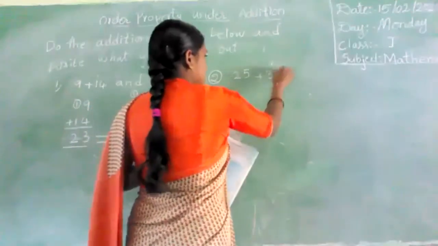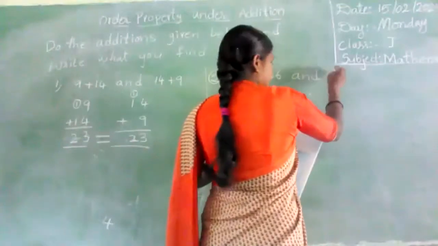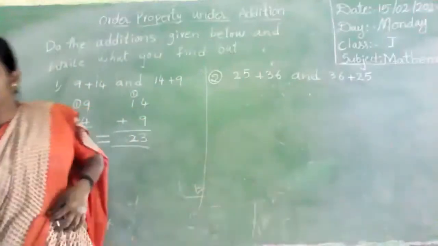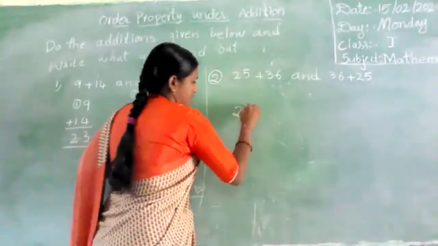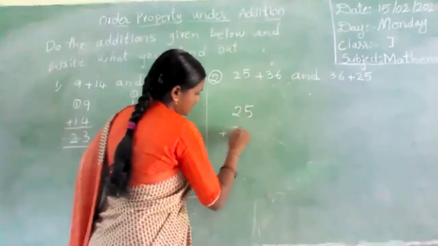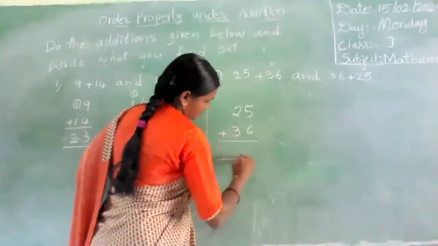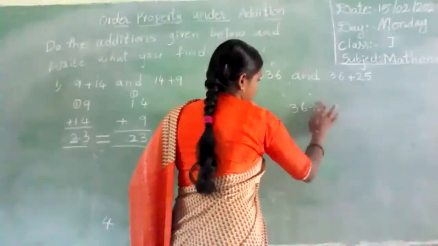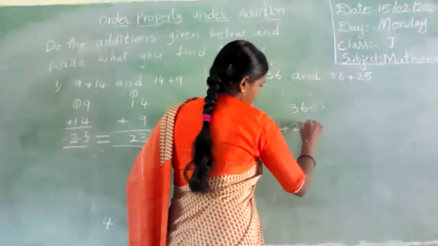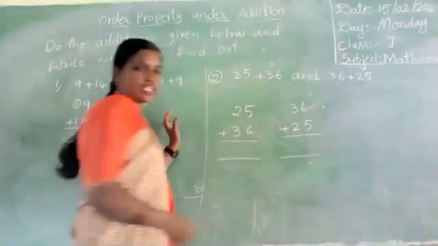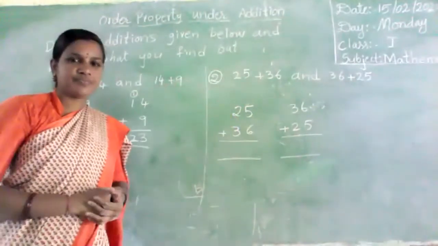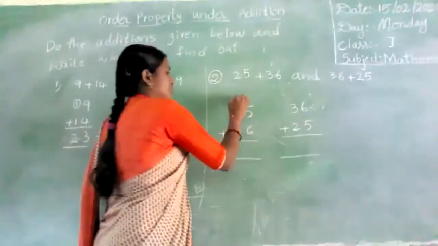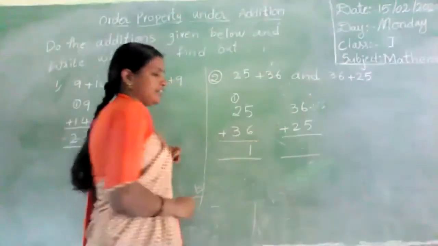25 plus 36 and 36 plus 25. Okay, see here. 5 plus 6, 11. 1 ten, 1 under ones.